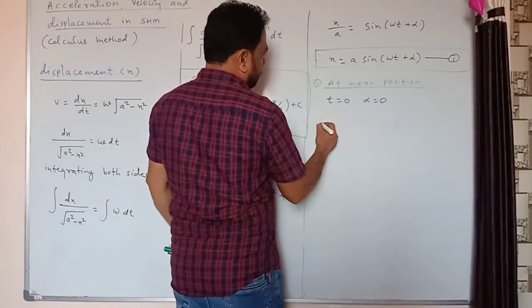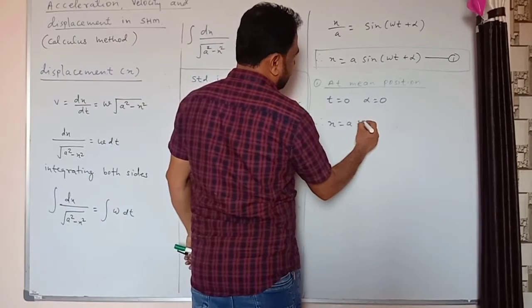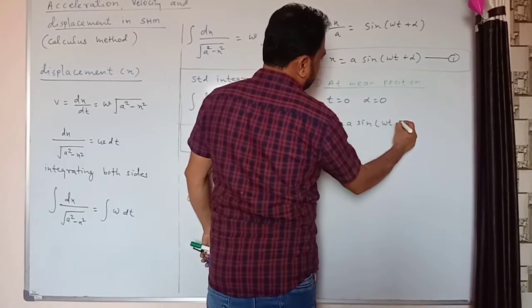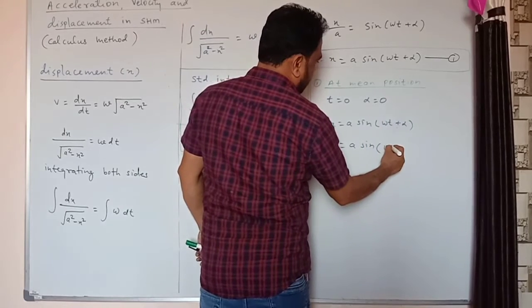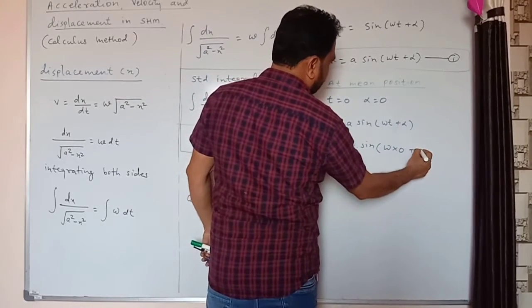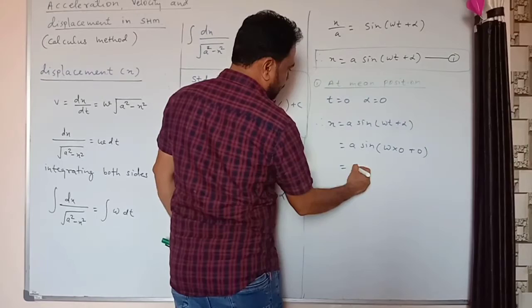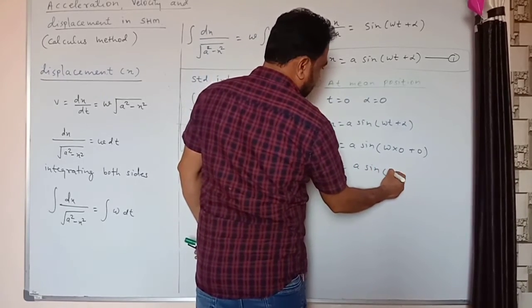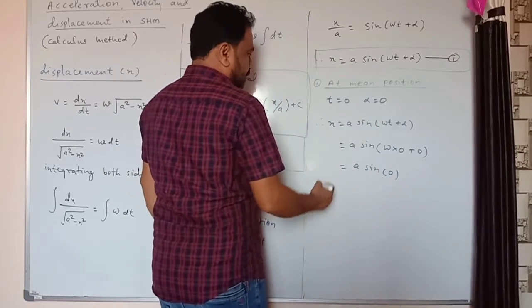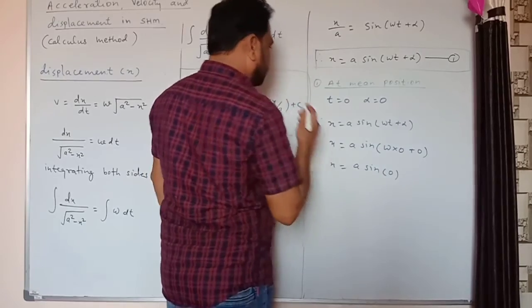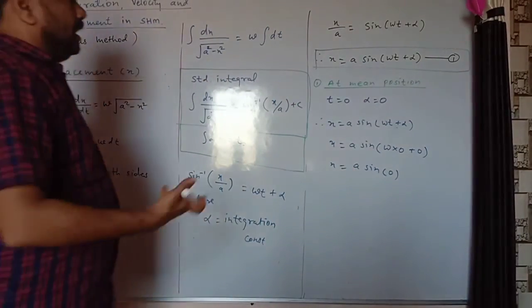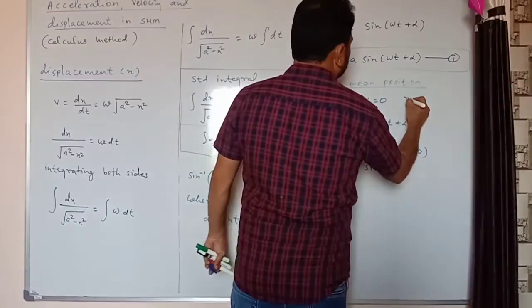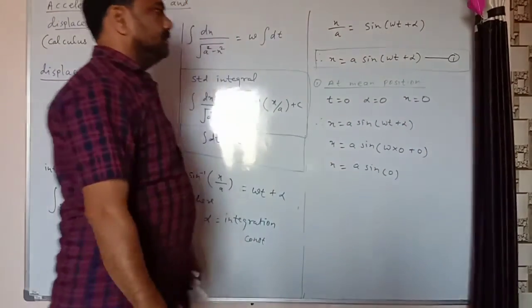So this equation x is equal to a sin omega t plus alpha becomes a sin omega multiplied by t, which is 0, plus alpha, which is 0. So this becomes 0, a sin 0, so x, the displacement, is also 0. Okay.